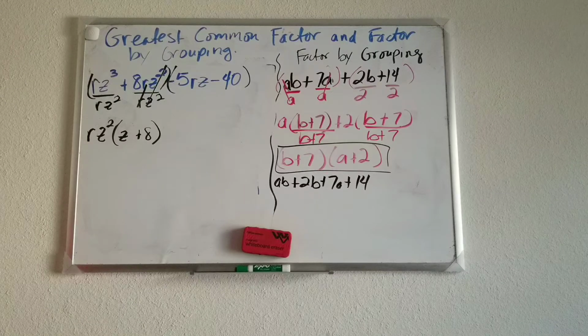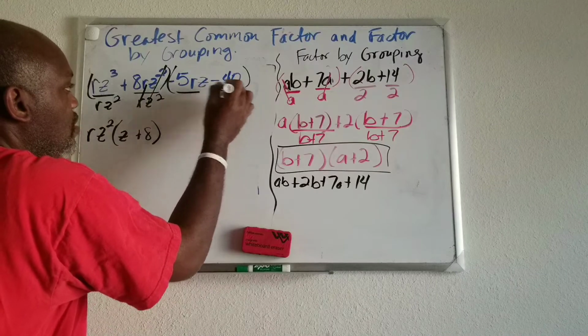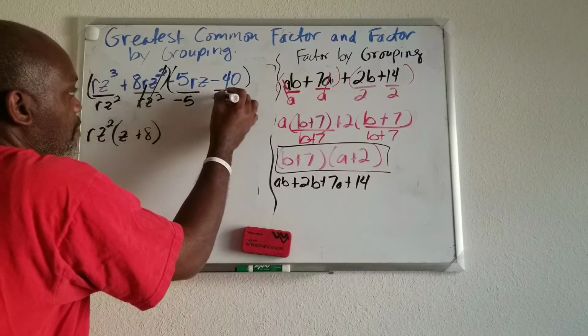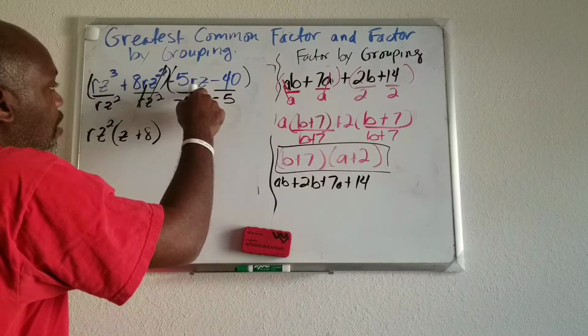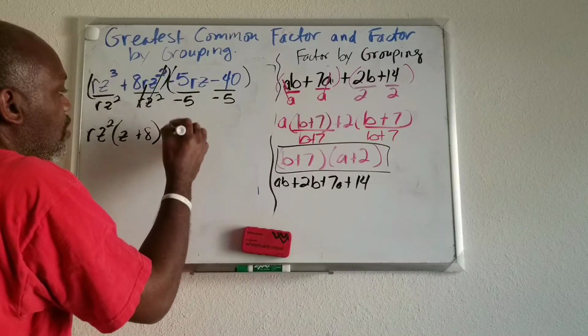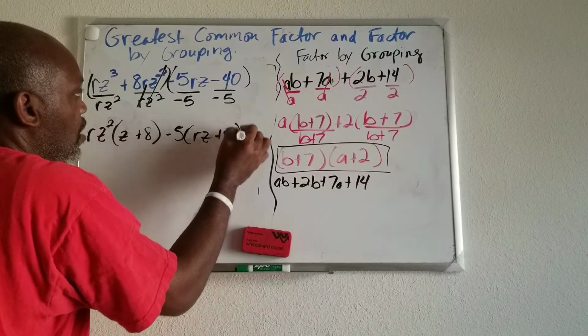Trying to make sure that the information is correct, because what I see is that if I factor out this negative 5, then something's not right here. If I factor that out, what I'm left with is negative 5, and then it'll be rz plus 8.